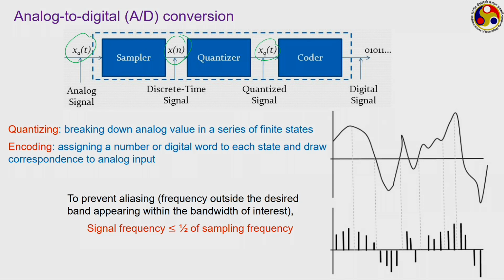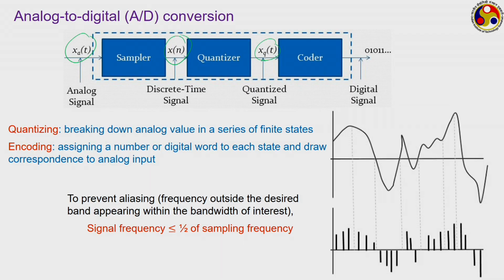Here one important thing, without going into the detail of the electronics, is that the frequency of collection of the signal, or the sampling speed itself, is very important to ensure the correctness of the data. To prevent aliasing, which is when frequencies outside the desired band appear within the bandwidth of interest, we need to ensure that the signal frequency is less than half of the sampling frequency. Preferably we want the sampling frequency to be much higher than the signal frequency. Sampling frequency is how many samples you have collected over a particular time interval.